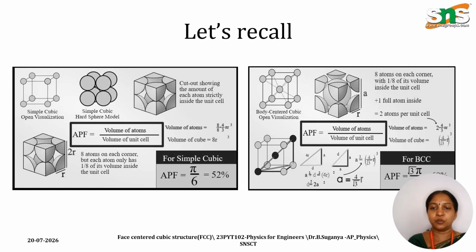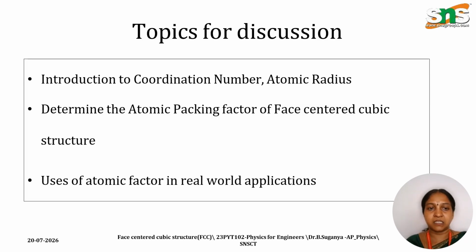So now we are going to discuss an introduction to coordination number, atomic radius, and determination of the packing factor of face centered cubic structure, and uses of atomic packing factor in real world applications. Generally we are going to discuss FCC, face centered cubic, all its parameters, and also its applications.